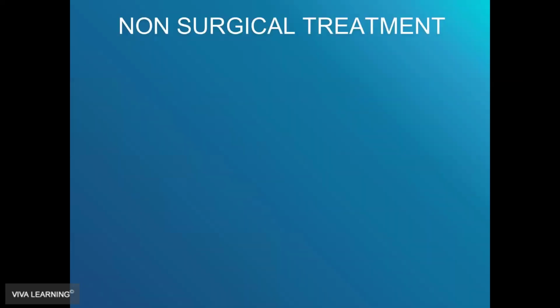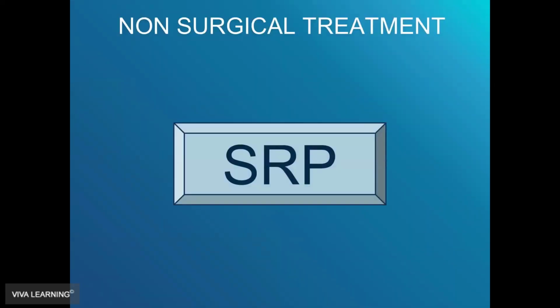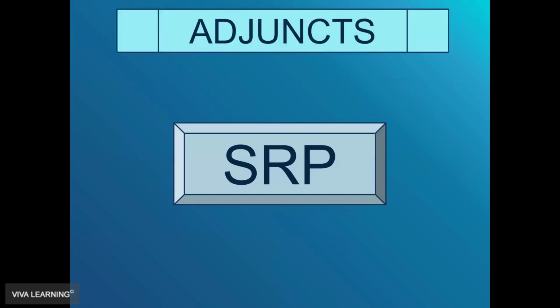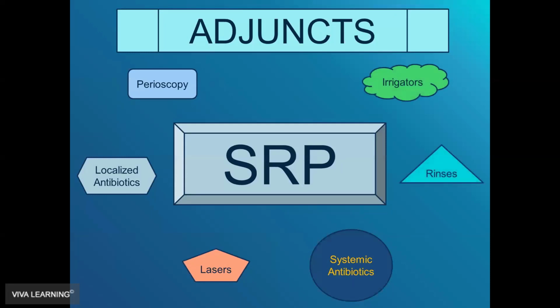Very cool. So non-surgical treatment, we're basically talking about scaling and root planing. And if you think about it, even surgical treatment, the basis is SRP. So anything we do, we're basically getting to the root surface and doing mechanical debridement. Of course, you're probably using some adjuncts as well, hopefully perioscopy, maybe systemic antibiotics, lasers, localized antibiotics, irrigators, rinses, PerioProtect.